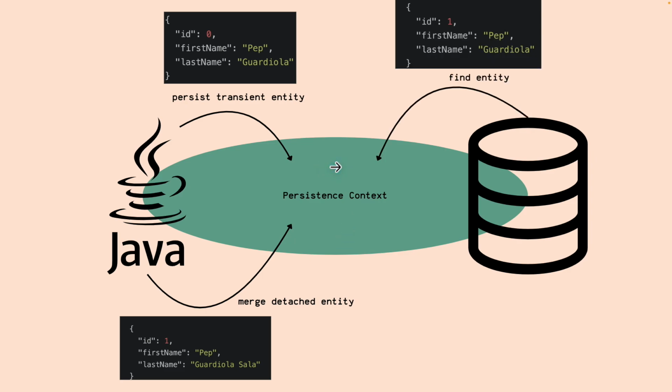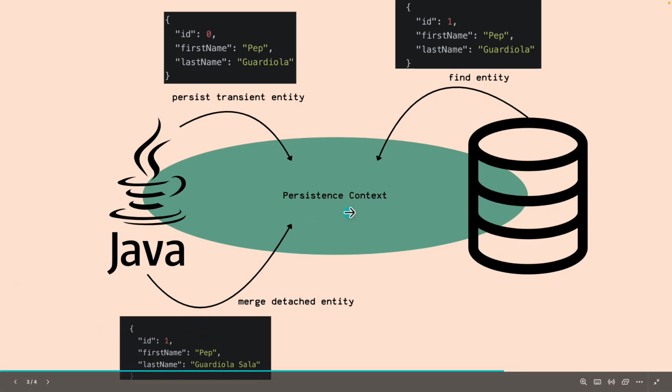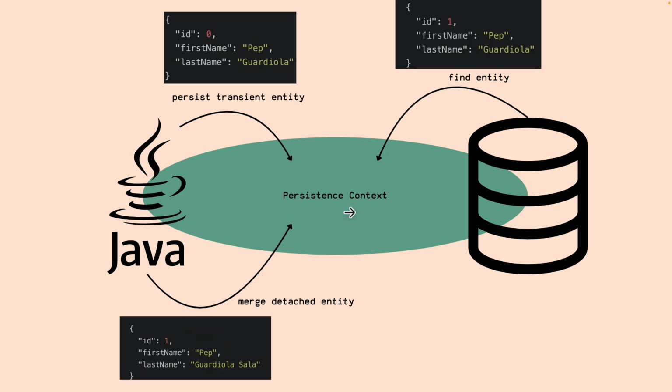Well, then what Hibernate could do, for example, if the entity is not already cached in the persistence context, is that it would try to find the entity in the persistence unit, write it into the persistence context, and now merge the incoming entity that you can see on the left side with the entity that is already in the persistence context.